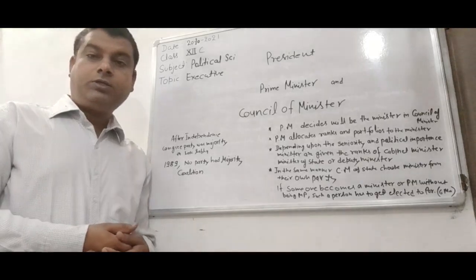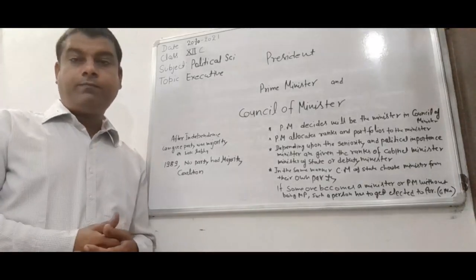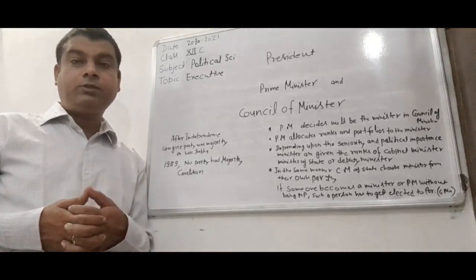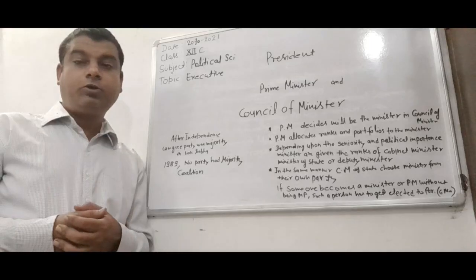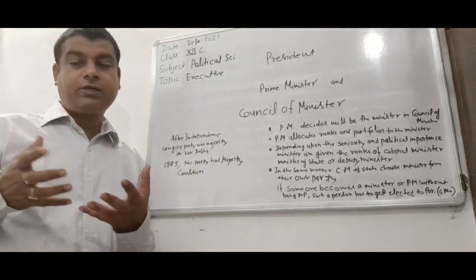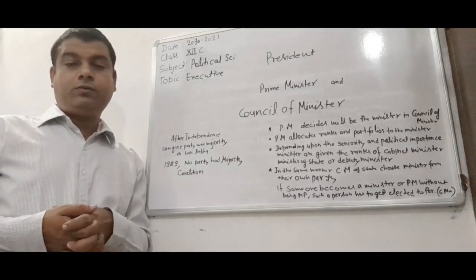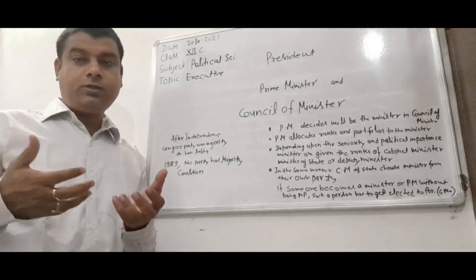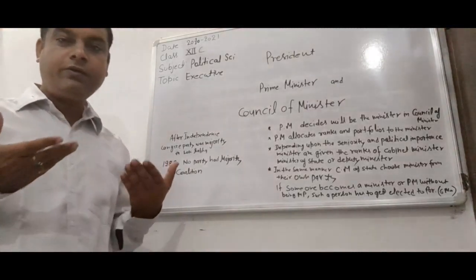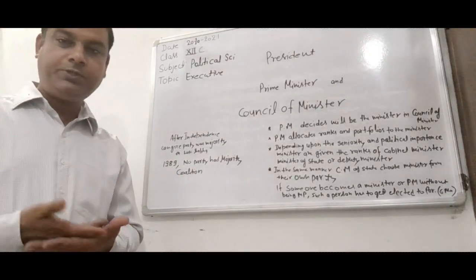So this is because many times in coalition governments, the Prime Minister extended their Council of Ministers beyond the limit to convince the coalition partners by giving them important posts of ministers.